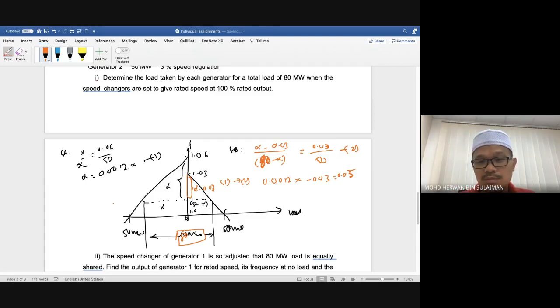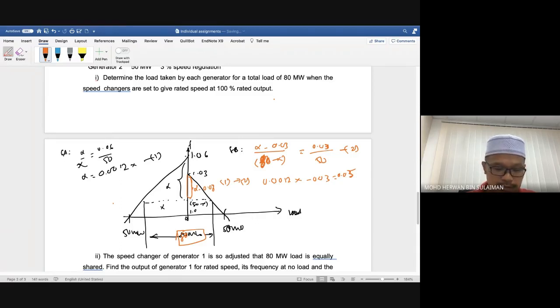So ini you dapat X. Your alpha is 0.0012x minus 0.03. So yang ini ialah 0.03 divided by 50, dapat 0.06.